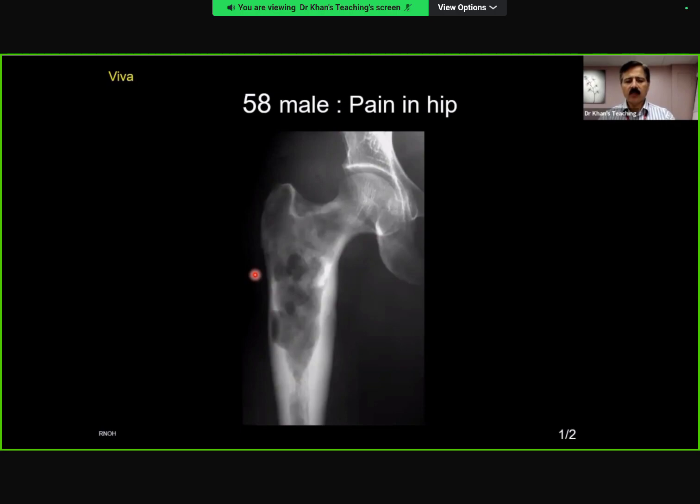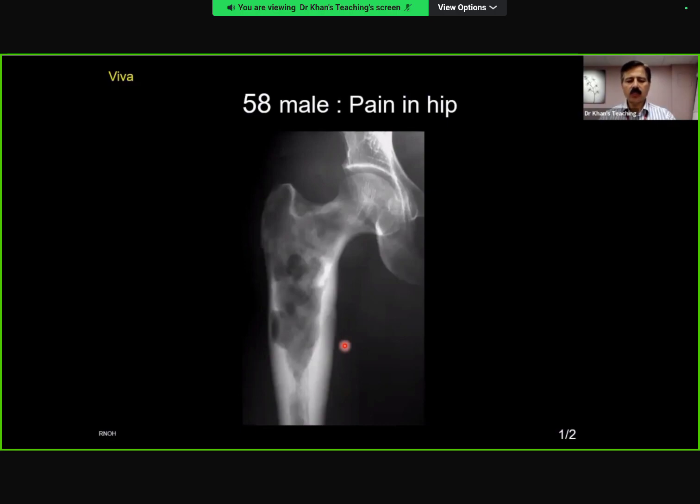On MR, remember that cartilaginous matrix has got high signal, lobulated high signal. If you lose that lobulated high signal, that is taken as a sign of malignancy. But do not confuse it with calcification. The calcification will also be low signal.